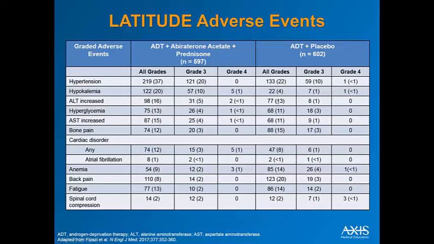ALT, which is a liver function abnormality, 5 versus 1. So, if you begin to separate this out, there's about a 10% risk of hypertension above placebo, 9% risk of hyperkalemia above placebo, and about a 4% risk of substantial liver issues above placebo.